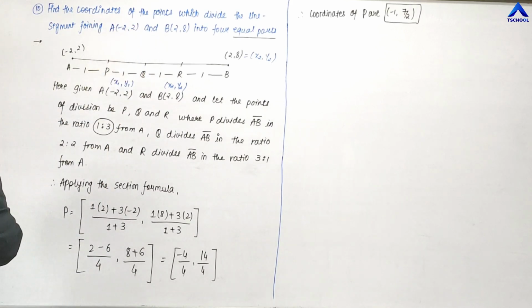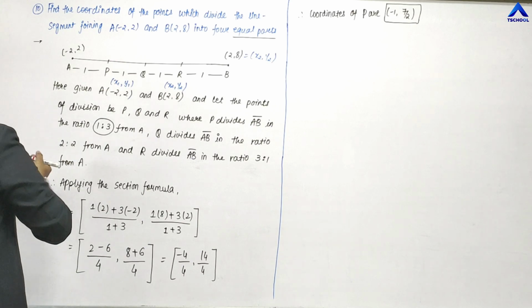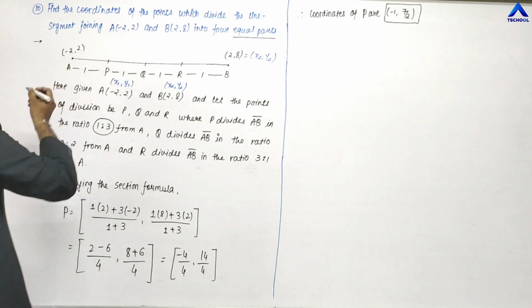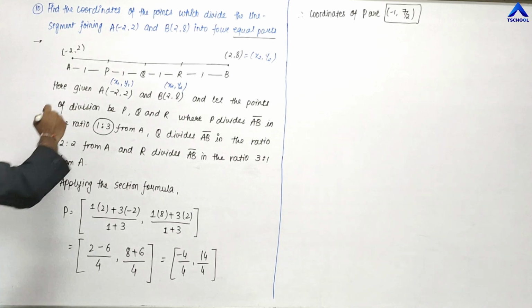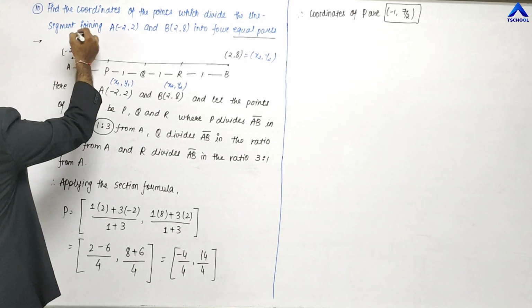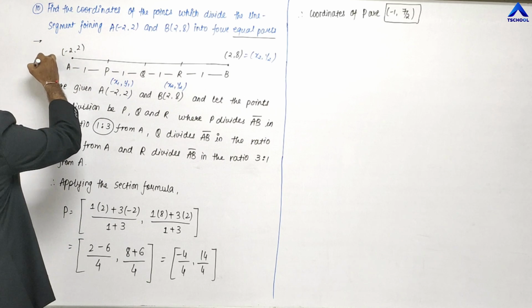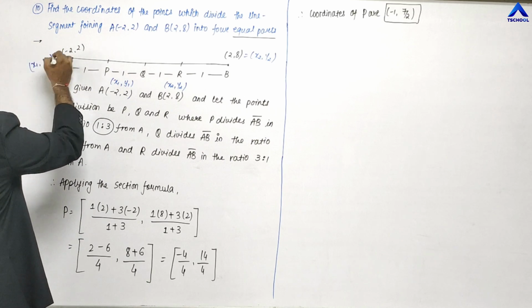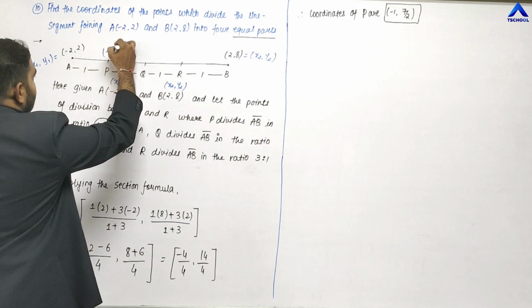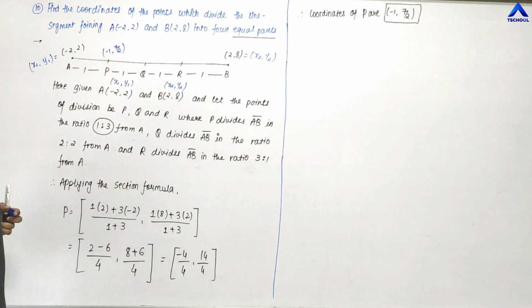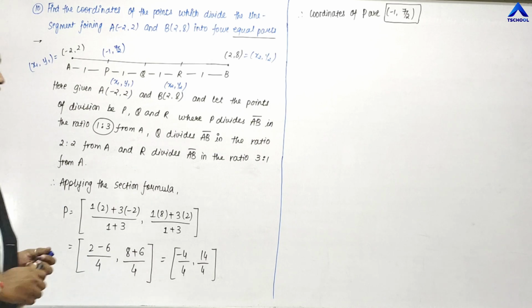So we got P as -1 comma 7 by 2. Okay, that is how we get the coordinates of P.